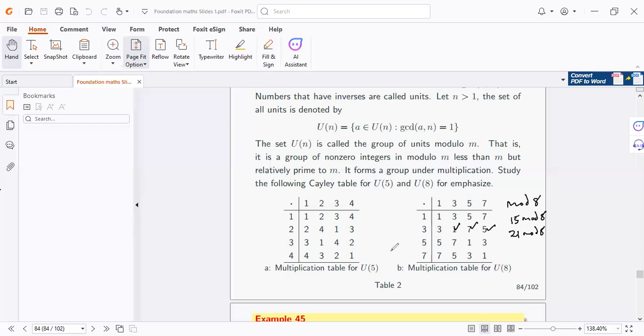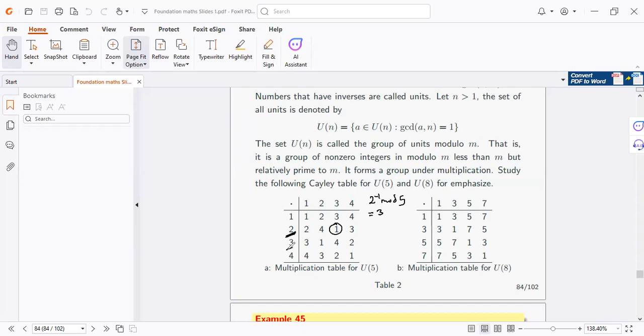Now, the question is, are you seeing inverses? For instance, what is the inverse of 2? The inverse of 2 is that element multiplied by 2 to get 1. The inverse of 2, therefore, is 3. The inverse of 2 mod 5 is therefore 3, because 2 times 3 gave us 1.